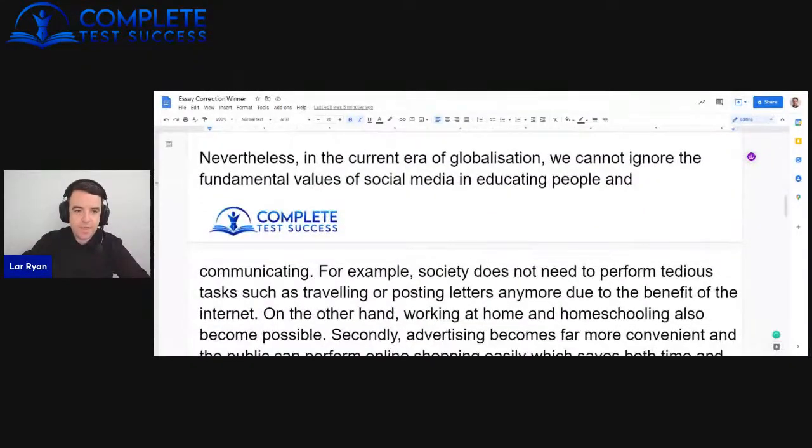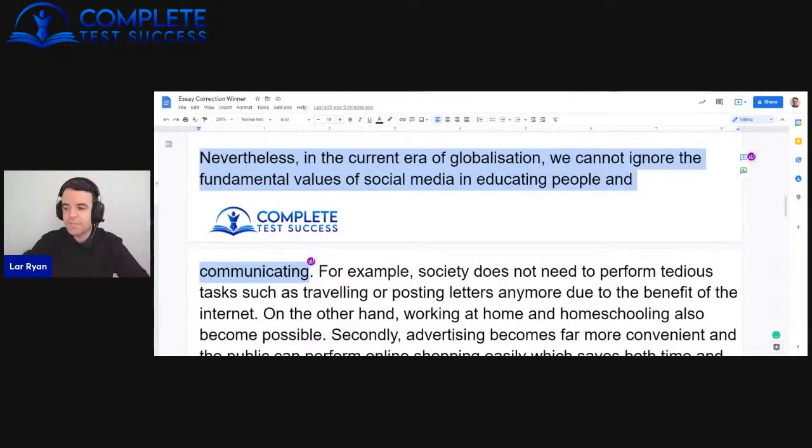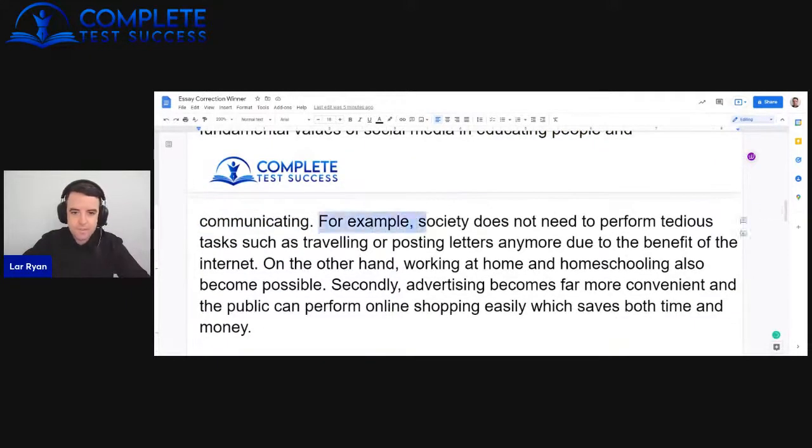So, I mean, this is better. At least it's talking about social media, but it's not talking specifically about what the question has asked us to talk about. Okay. For example, society does not need to perform tedious tasks such as traveling or posting letters anymore due to the benefit of the internet. Okay, we're not talking about the internet. You don't need to talk about the benefits of the internet.